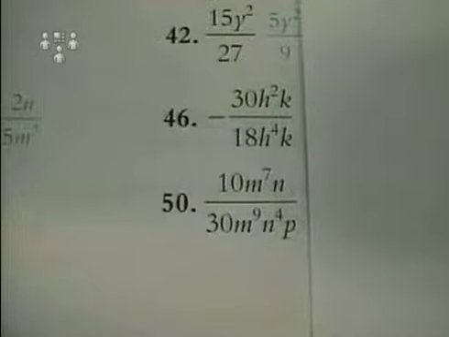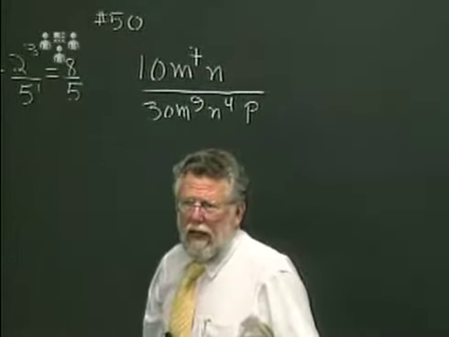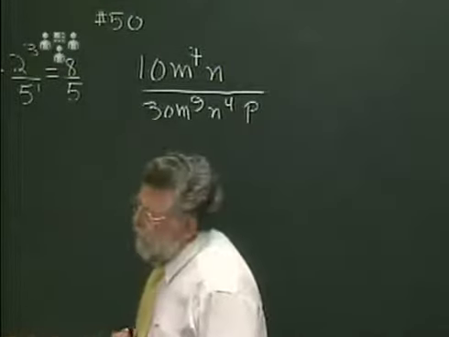So I have 10m to the 7th n over 30m to the 9th n to the 4th and the letter p. Now I can go to the board. So this is my problem. Now I'm not going to expect you to write the 10 and the 30 with primes.